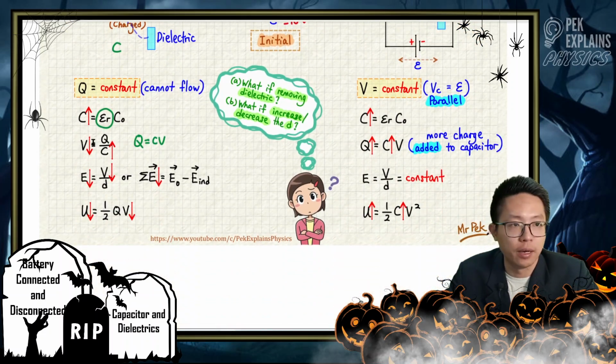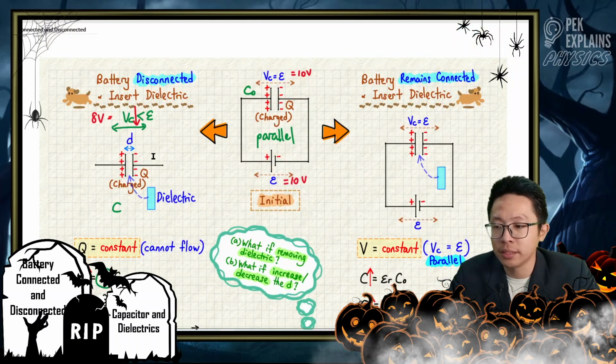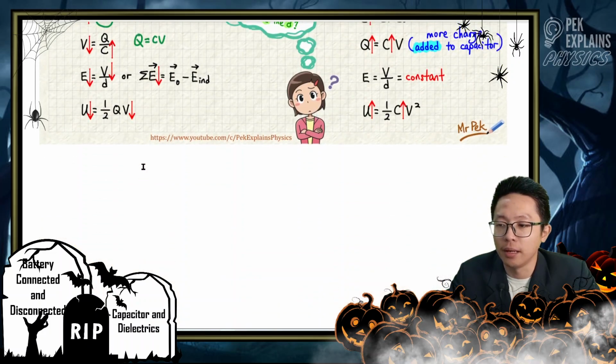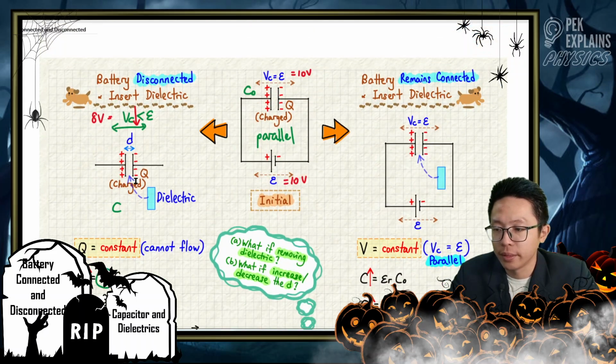Okay, now how about the electric field? You still remember this is the formula for a parallel plate. This capacitor is actually a parallel plate. D is the separation between the two plates.